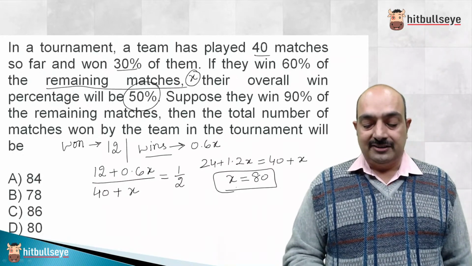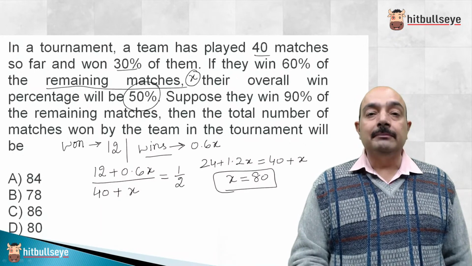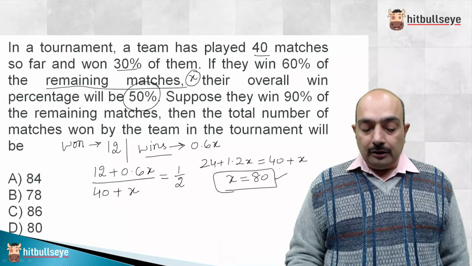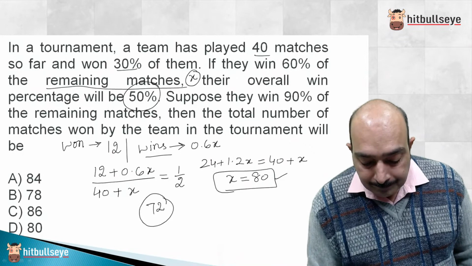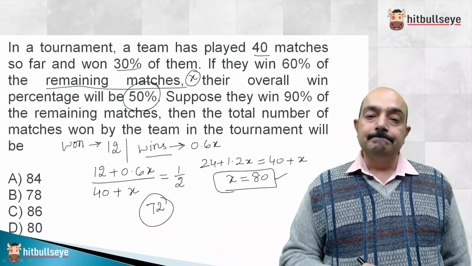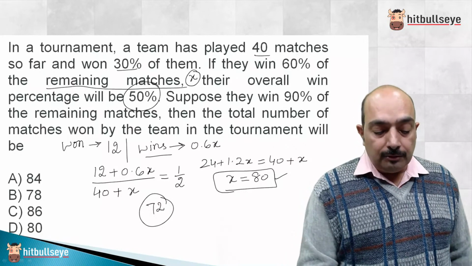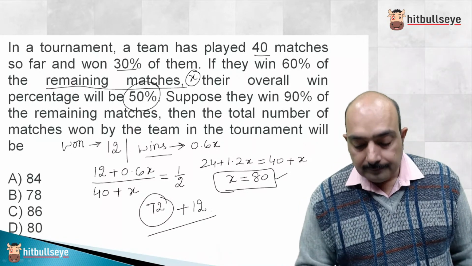The question was something else. Suppose they win, observe this, 90% of the remaining matches, which we have calculated as 80. So if they win 90% of 80, they will win 72 matches. The question is the total number of matches won. We know they have already won 12 initially.